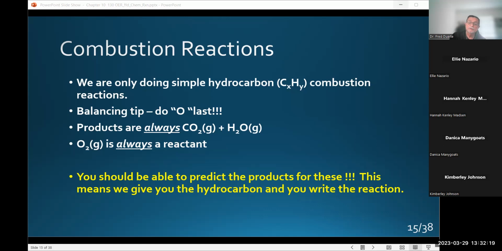Do the combustion of, double check, 1, 2, 3, 4, 5, 6, 7, 8, 9, 10, 11, 12. Do the combustion of pentane. This is the name of pentane, which is C5H12.